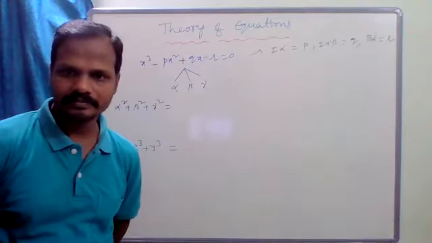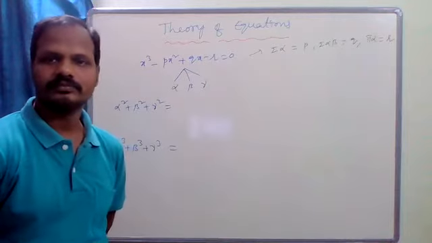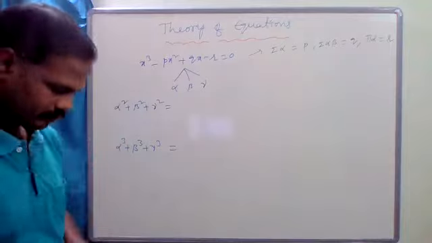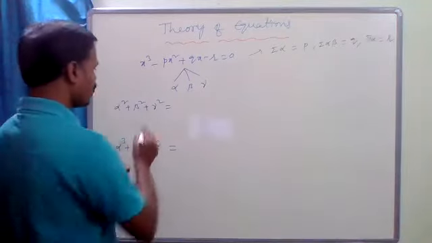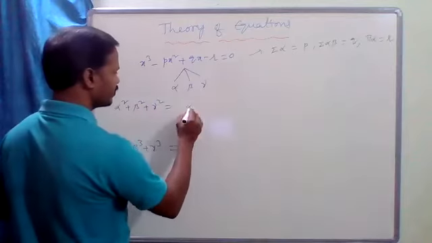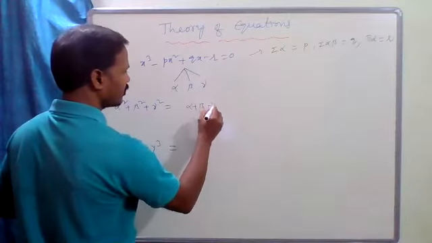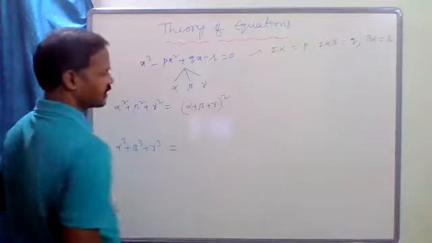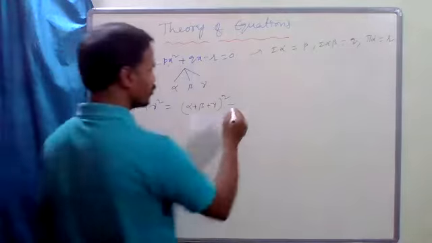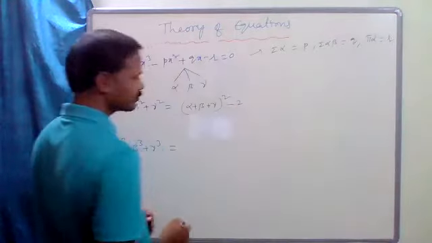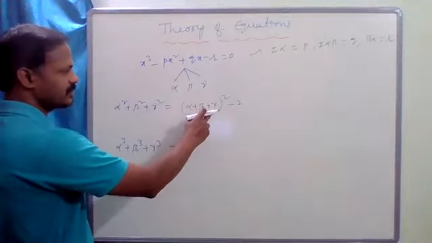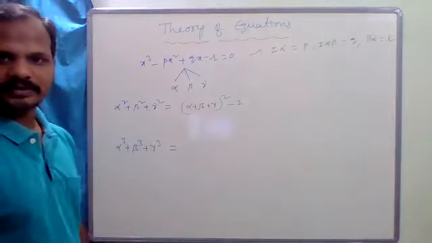Quickly. How can I write this expression? A square plus b square plus c square can be written as (a plus b plus c) whole square minus 2 into (ab plus bc plus ca). The expansion of (a plus b plus c) whole square is a square plus b square plus c square plus 2ab plus 2bc plus 2ca.